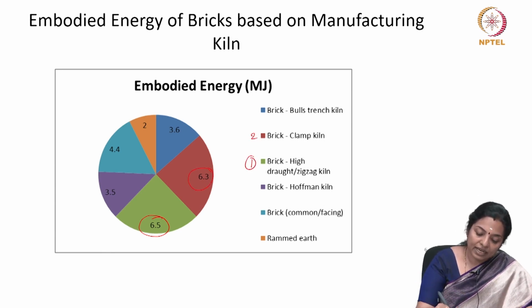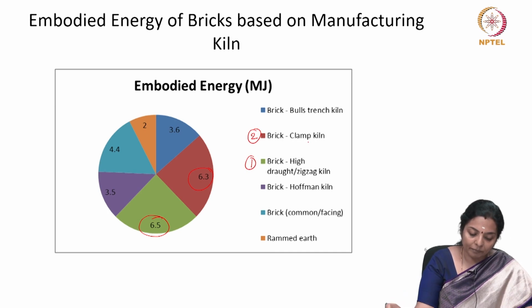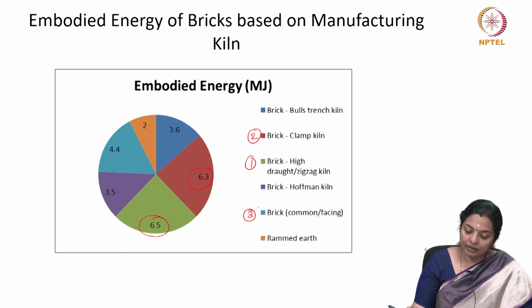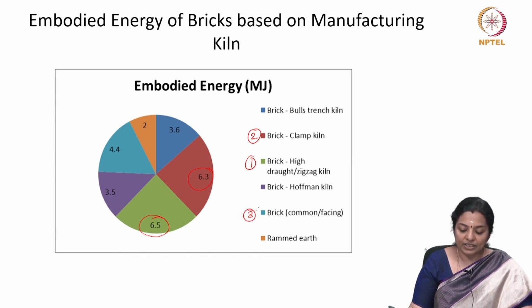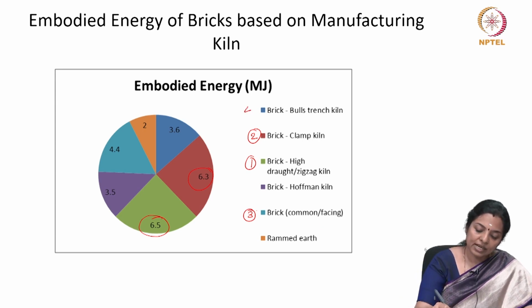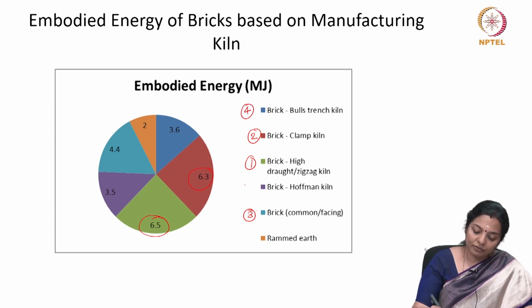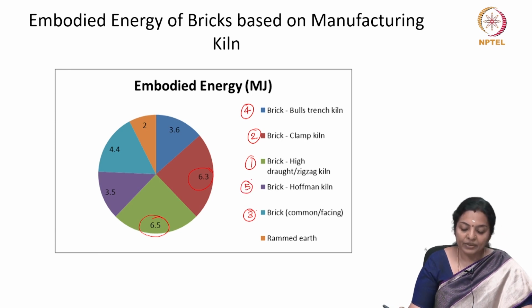brick made with clamp kiln and Bull's trench kiln. Common brick or facing brick is the third contributor, the manufacturing process of the common brick comes third, and fourth is brick using Bull's trench kiln, and fifth is the brick manufactured using Hoffman kiln.